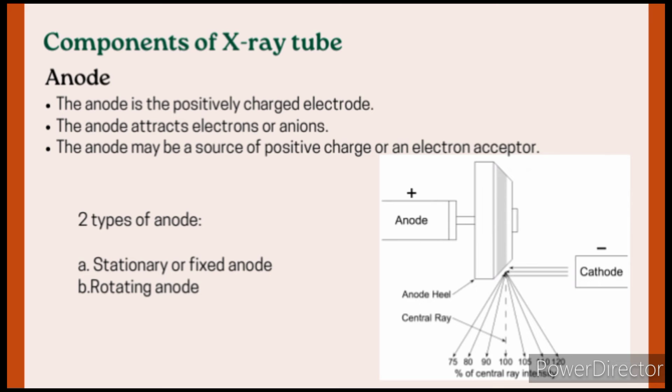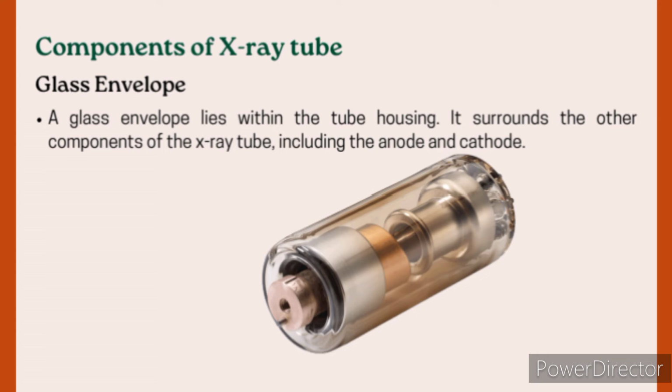The stationary or fixed anode X-ray tubes are used in dental X-ray imaging systems, portable imaging machines, and other special purpose machines in which high tube current and voltage are not required. General purpose X-ray tubes use the rotating anode because they must be capable of producing a high intensity X-ray beam in a short time.